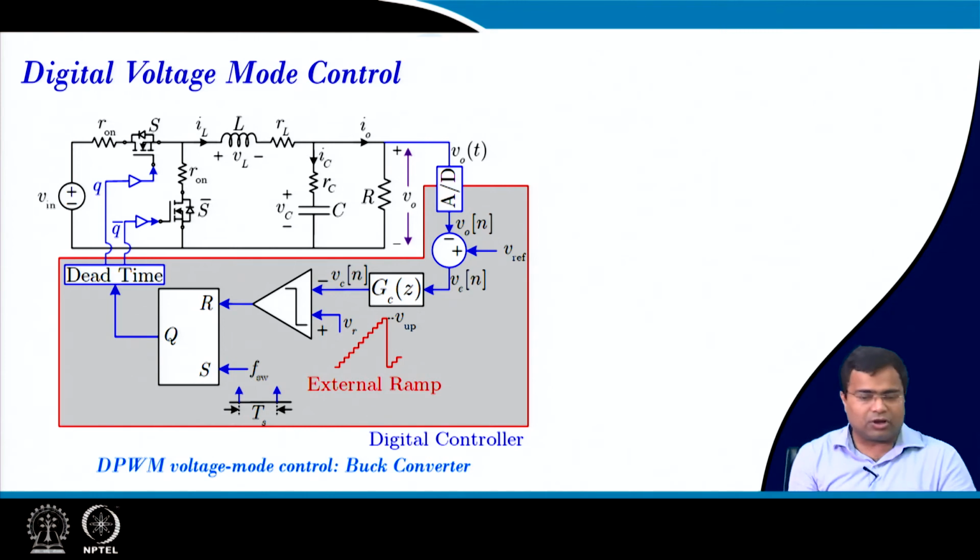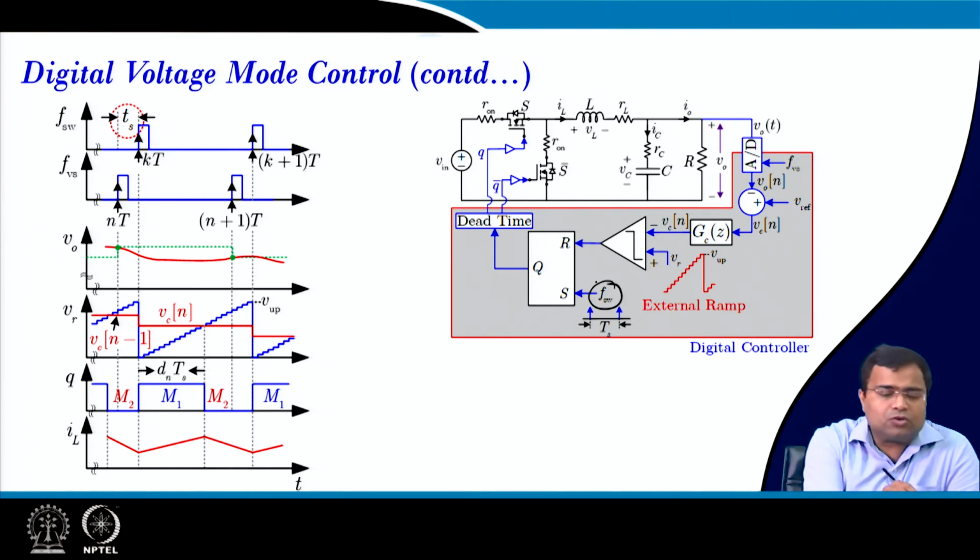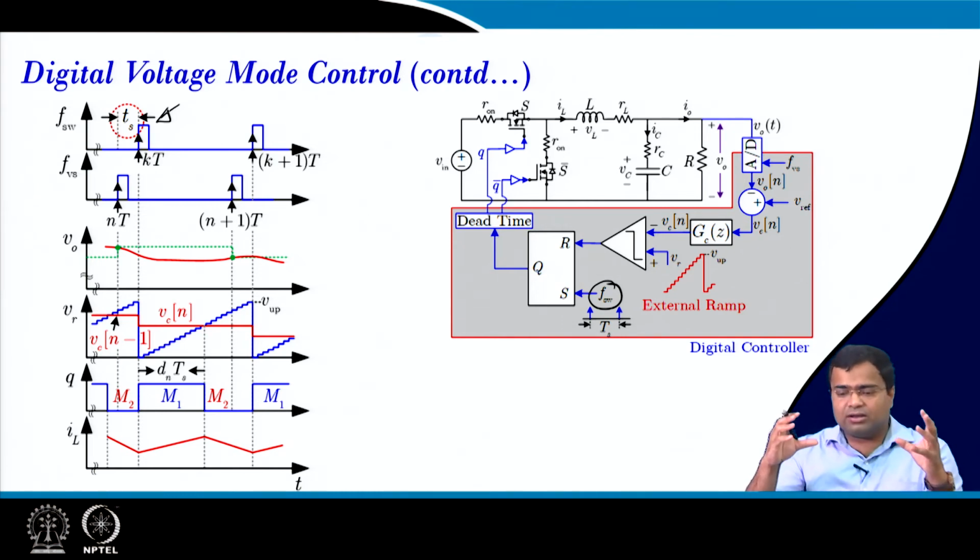It is a voltage mode control, and if we show the overall waveform, here it is the FSW clock, which is a switching clock. And again we want to recall, which we have discussed in, I think, lecture number 7, the modulation technique.